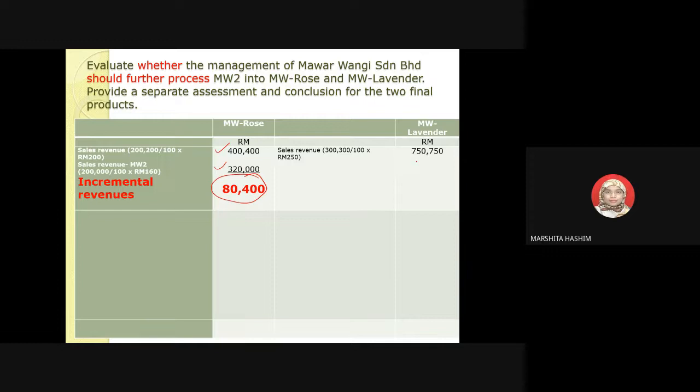Now, can you please calculate incremental revenue for MW Lavender? Okay, calculate incremental revenue for MW Lavender.